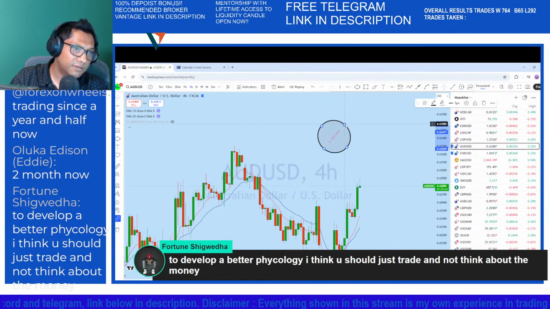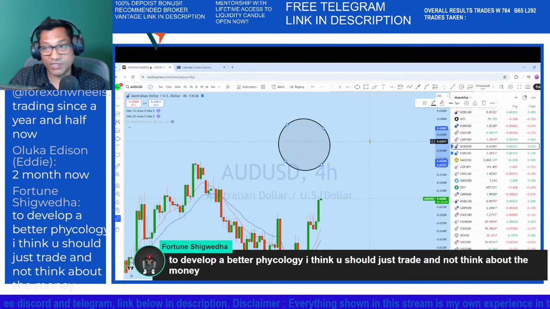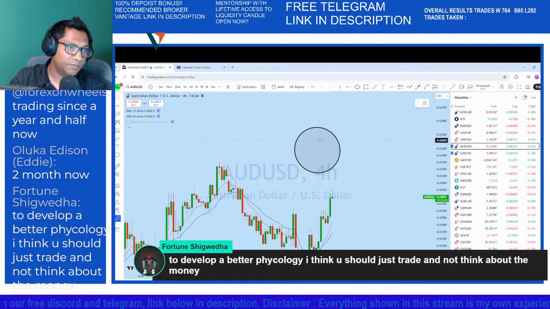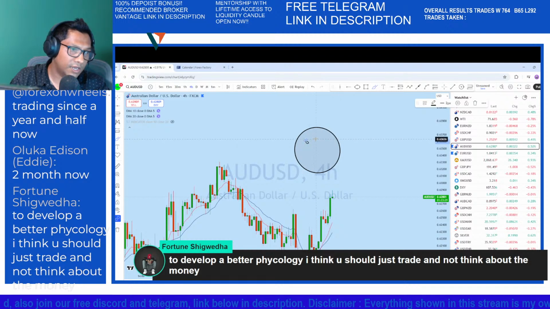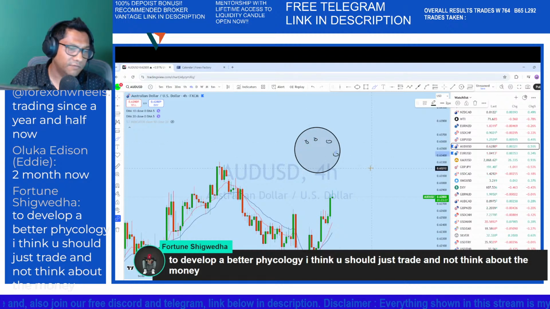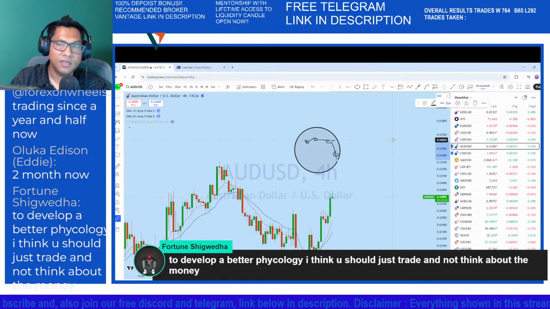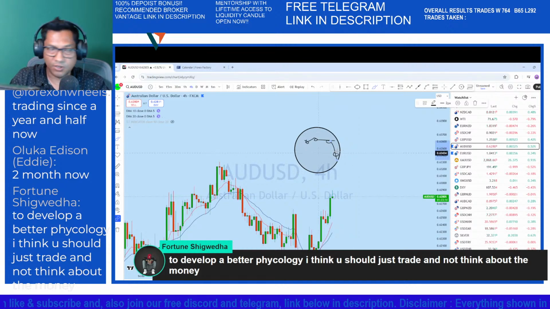Let me give you how it works. In our brain, anything we do, there is a habit to it. Let's say there are two habits we might have. One is a good trading habit, the other is a bad trading habit. Anything we do, we create a neural pathway in our brain, which is a habit. Once we do something repetitively, it creates a neural pathway.